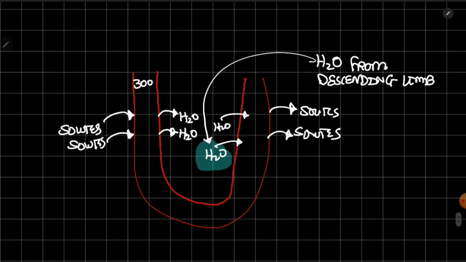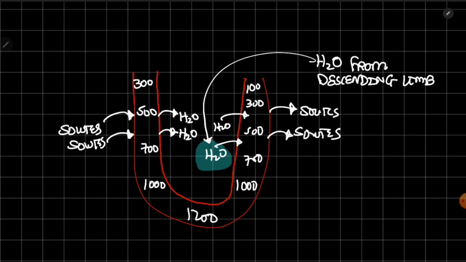Now solutes are being added and H2O is removed, so the concentration increases, 500, 700, then 1000, and it will come till 1200. Now if H2O is added and solutes are removed, the concentration will again decrease, so 1000, 500, 300, it may reach till 100 also.